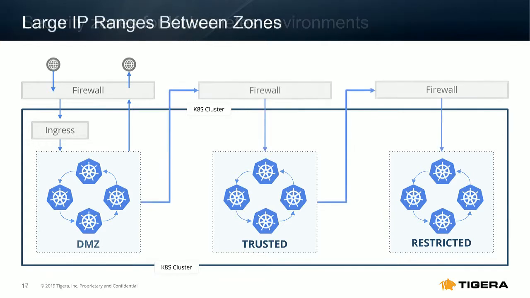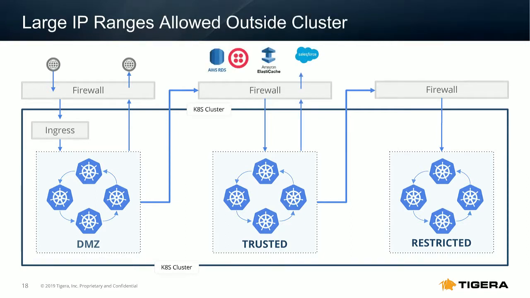But let's say that you do try to implement a zone-based architecture. The first thing is that you're going to have these large IP ranges between each one of these firewalls. And this could be the case if you're using a single Kubernetes cluster and trying to carve it up, or whether you're using multiple clusters. And we've seen both in practice.